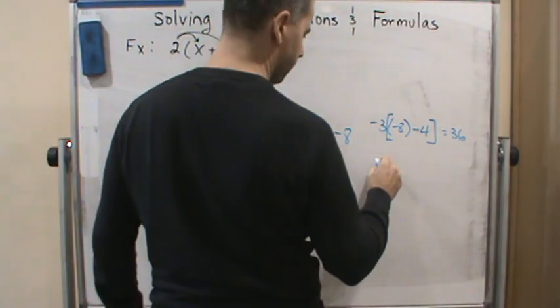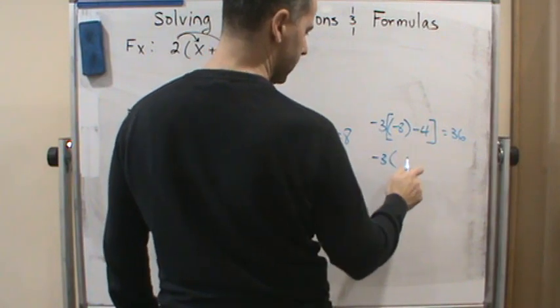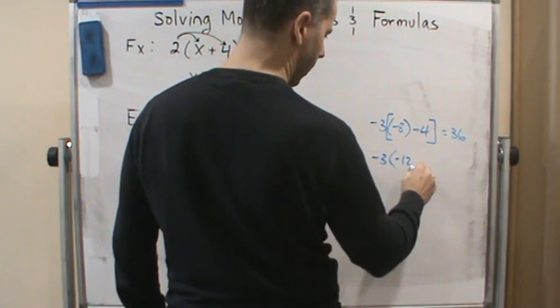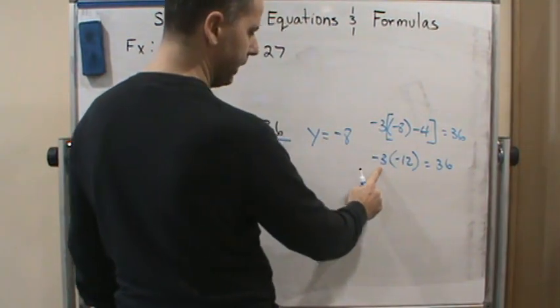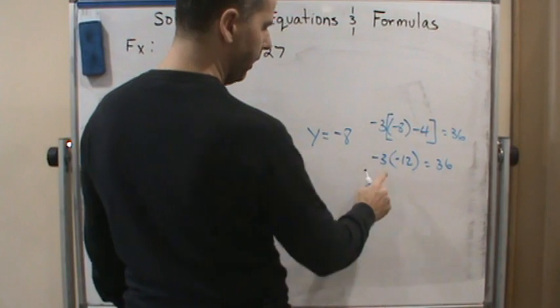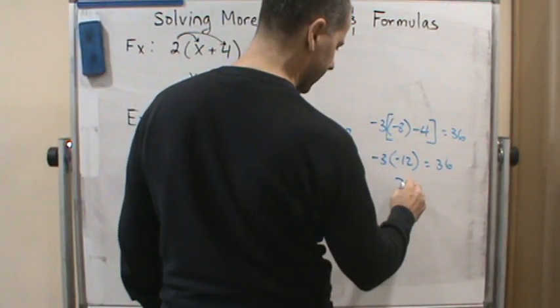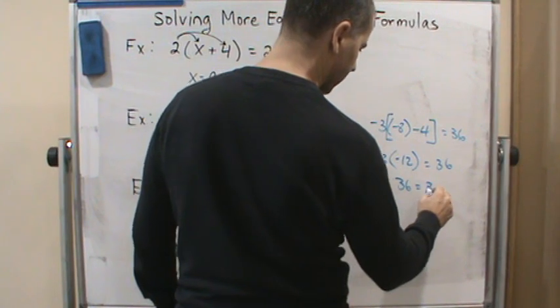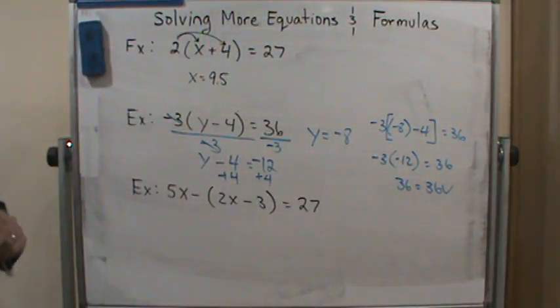So negative 3 times negative 12 equals 36. Well, negative times negative is positive. 3 times 12 is 36, so I get 36 equals 36. And again, it gives me a true statement. So it works.